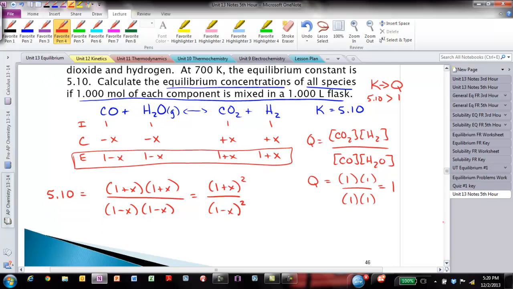So this K is not really small. The assumption is not going to work here. So we're going to have to do some messy algebra. We're going to take 5.10 and multiply it by the 1 minus X quantity squared, and I'm going to FOIL that at the same time, and FOIL the other side, and distribute.